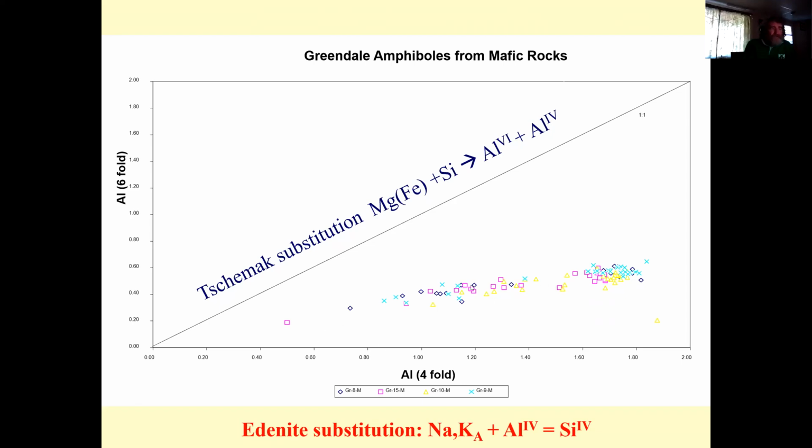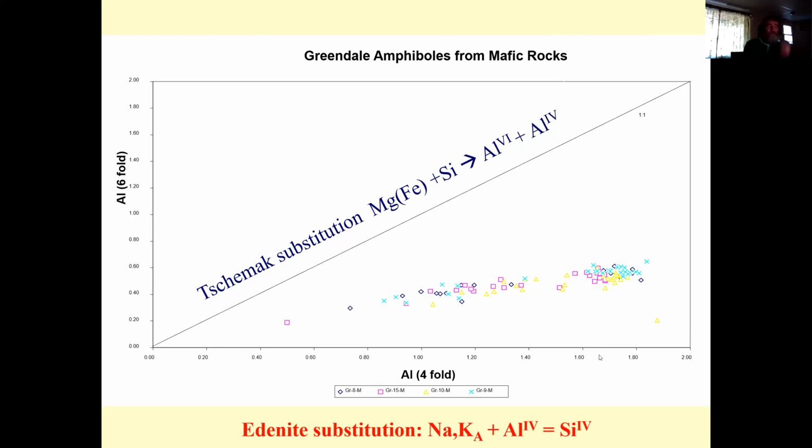You can see that the solid solution is somewhere in between these two vectors, and dominated by Edenite substitution. The way I explain this to myself, and this may not be right, is that at these high igneous temperatures, there's enough energy to open up the tetrahedral sites, so aluminum can go in 4-fold coordination.